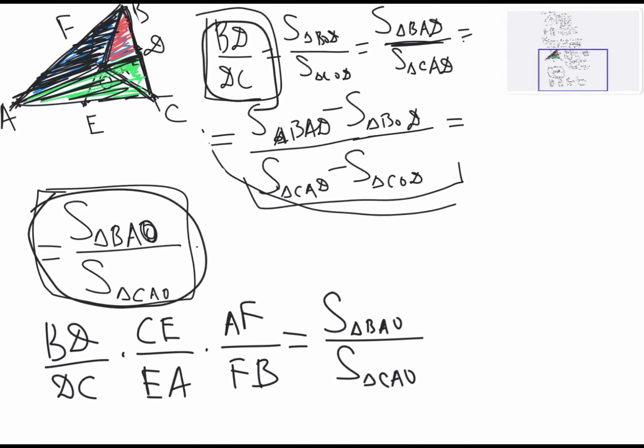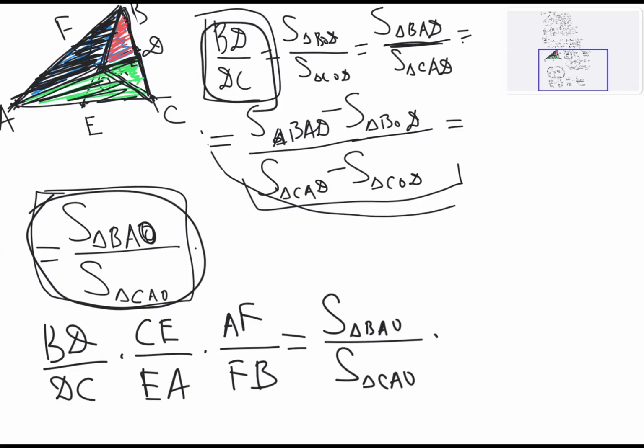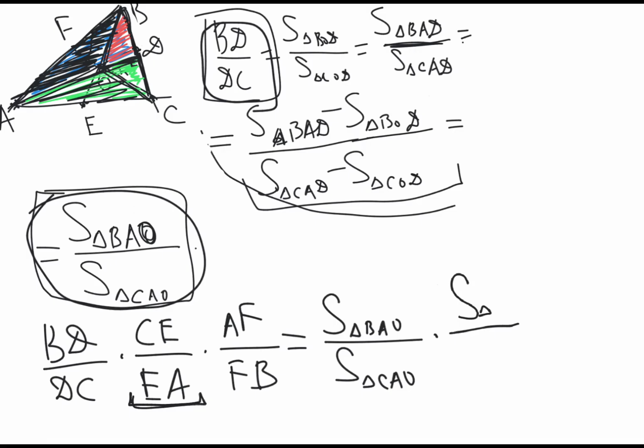The second ratio can similarly be calculated as the ratio of the areas CBO over ABO.